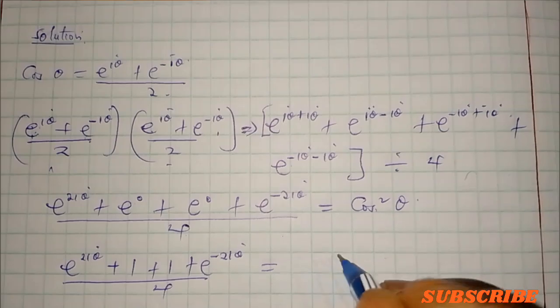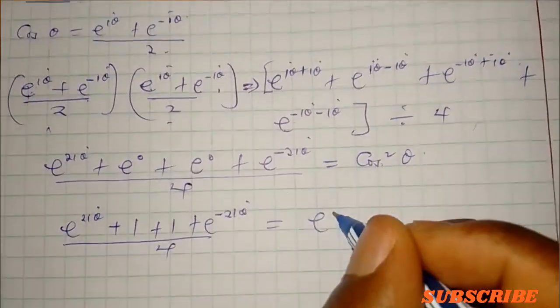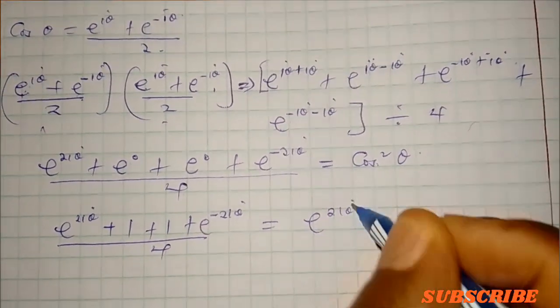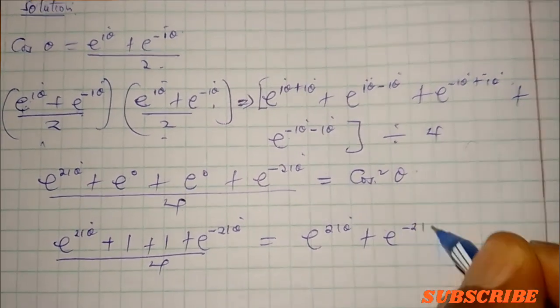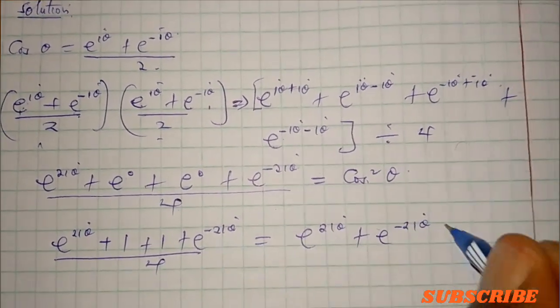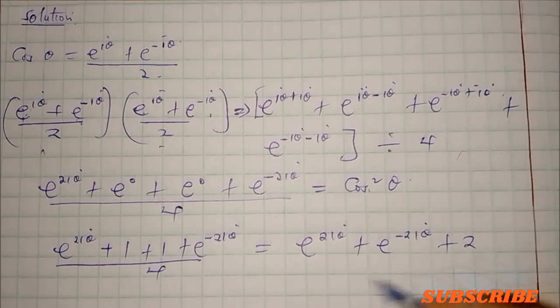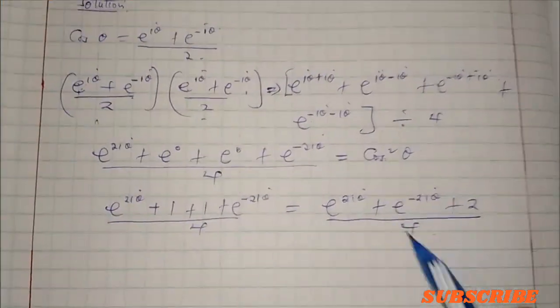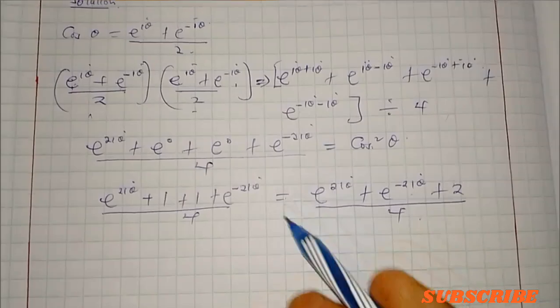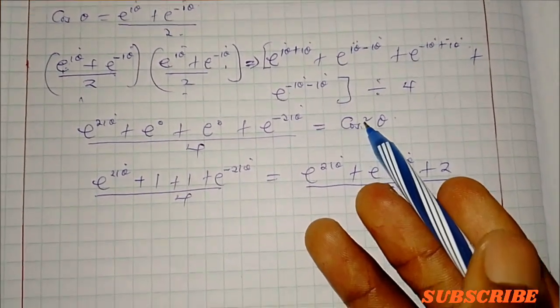This is equal to e raised to the power 2i theta plus e raised to the power negative 2i theta plus 2 over 4. So I'm saying that this one is cos square theta.